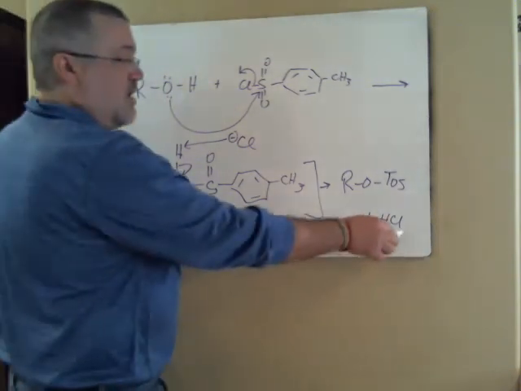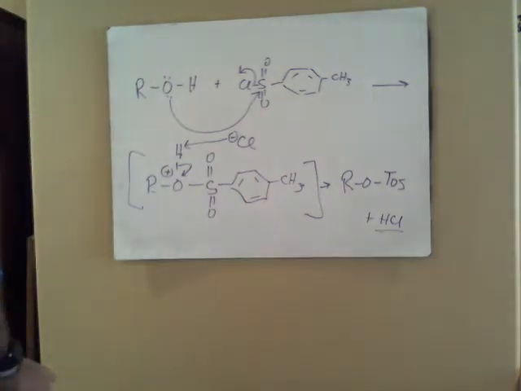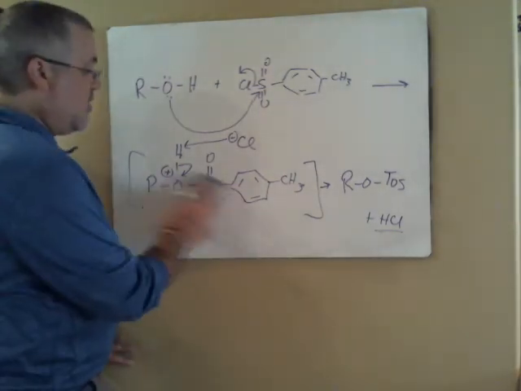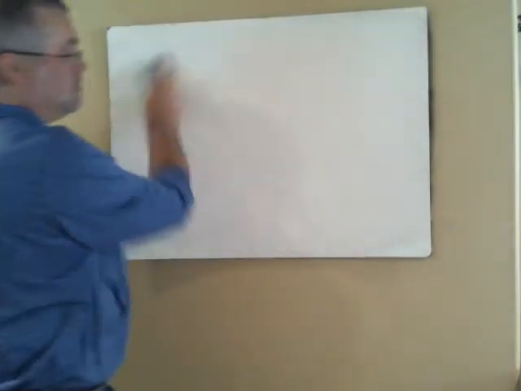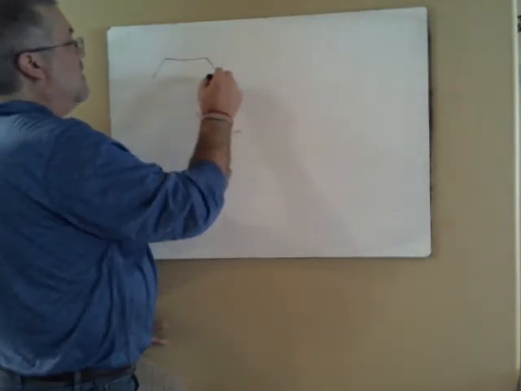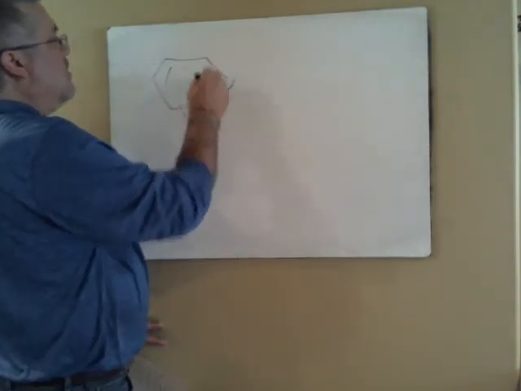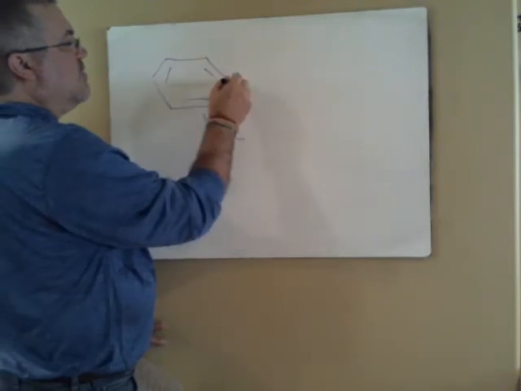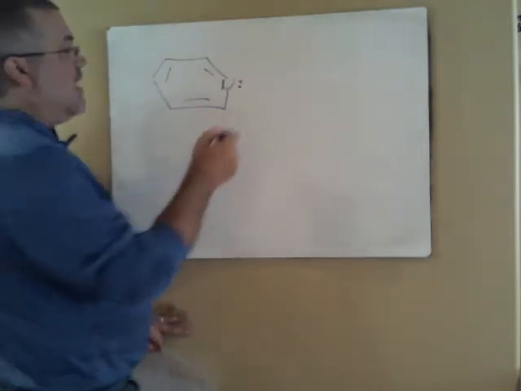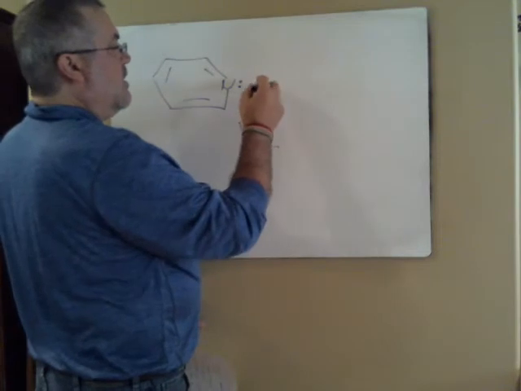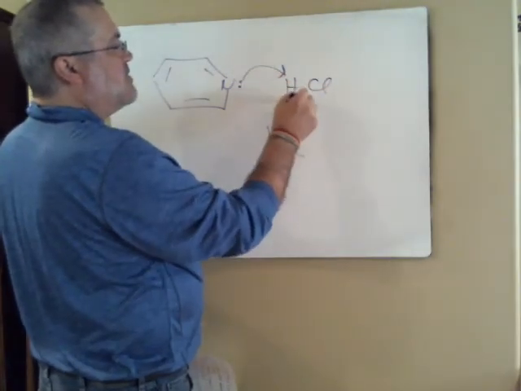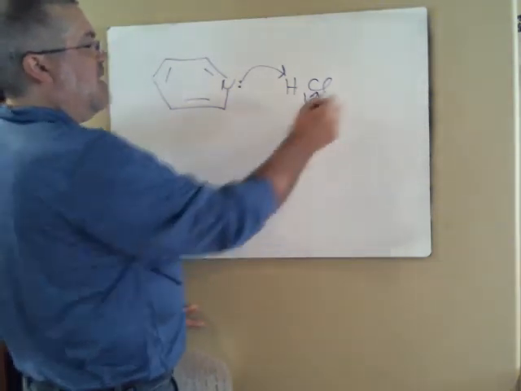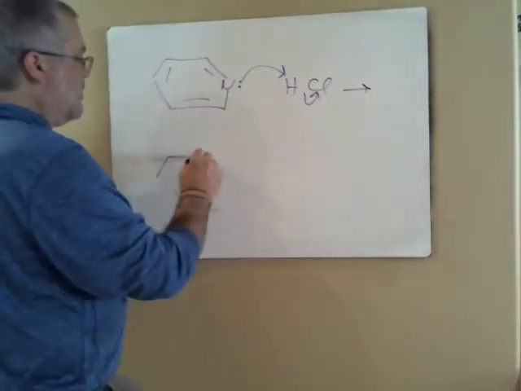And so we need a way of getting rid of that HCl as it forms, and that's why the pyridine is present. Because remember the structure of pyridine? Pyridine is simply the benzene ring where you've substituted a nitrogen into one of the positions, and it's basically going to react with HCl as it's formed. The nitrogen is going to take the acidic proton, and when it does that, it's going to form a salt.